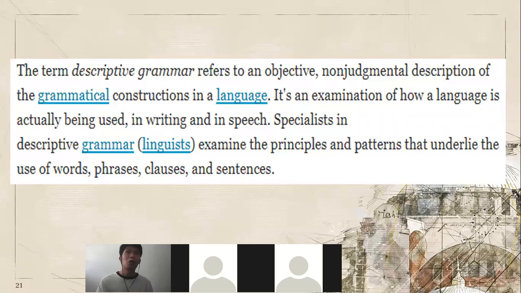Like for example, we have what we call Filipino English, Australian English, British English, Canadian English, Singaporean English. These are variations, varieties of the English language. And these varieties of a specific language have a specific way of constructing the English language that are different from each other.